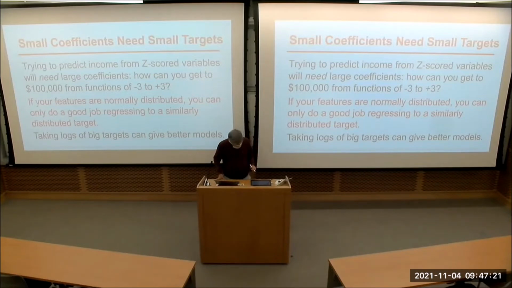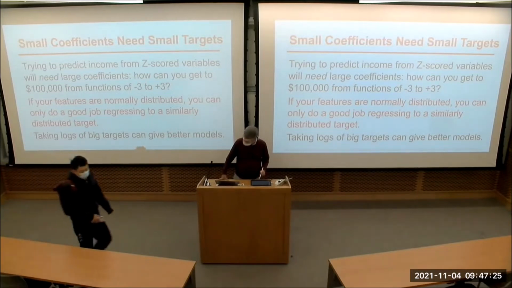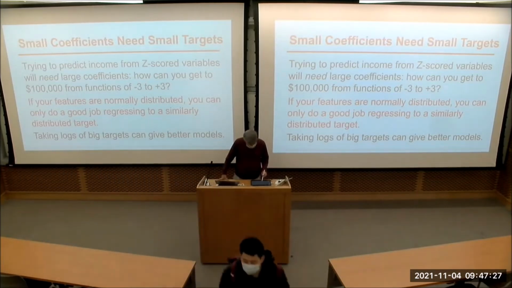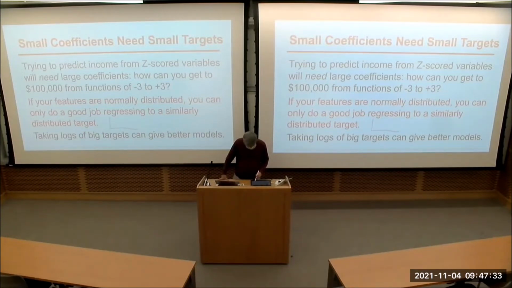Now, one thing that should be clear if you think about it, but maybe isn't obvious at first: let's say you have a target variable that you're trying to predict, and you've got a bunch of features.